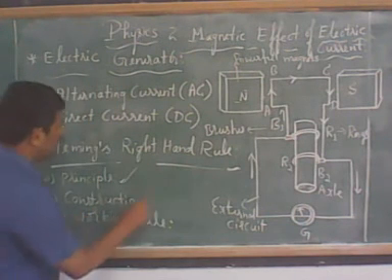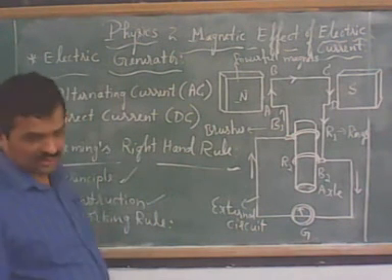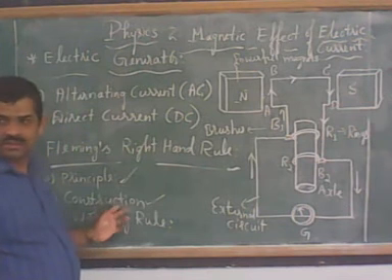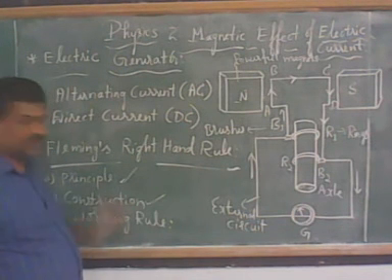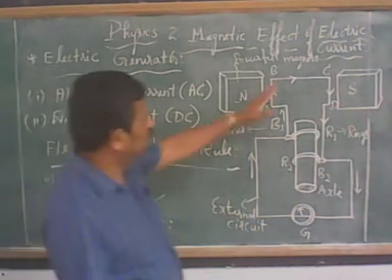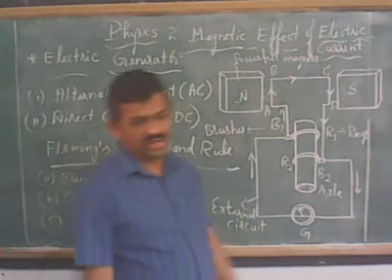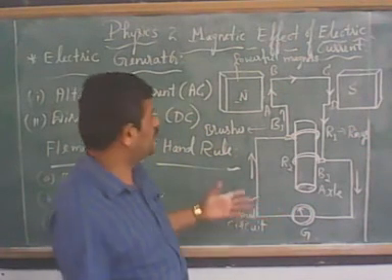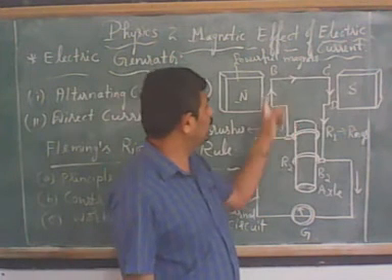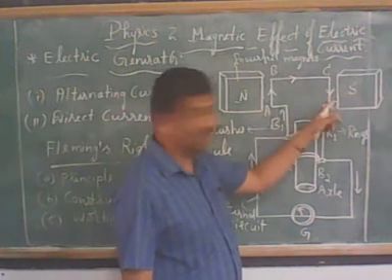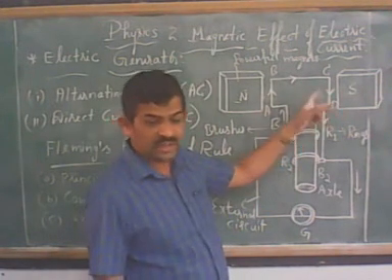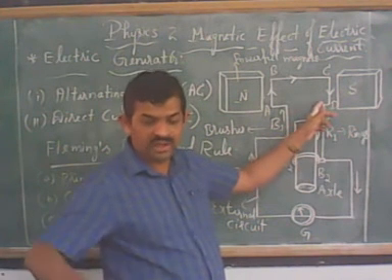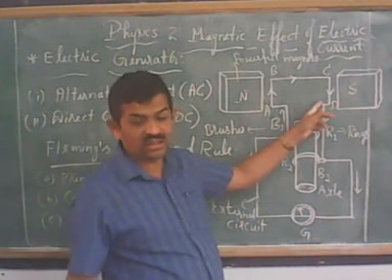And second part, construction. If you see the construction, all the parts you have to understand, and how they are assembled. Very important. The ABCD rectangular coil is made of insulated copper wire wrapped around a rectangular soft iron core.